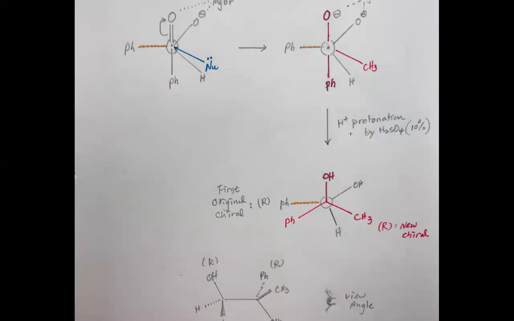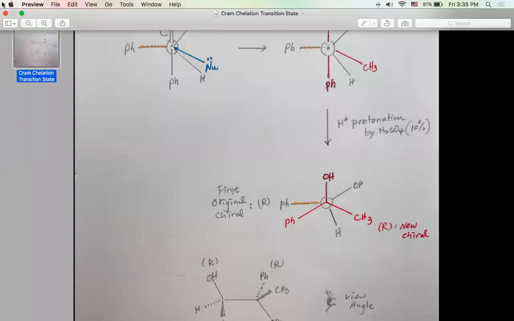So after protonation, you get that product. And I hope all of you understand now that these three models have a little bit of difference in the procedure when you follow the rule to arrange the substituents.